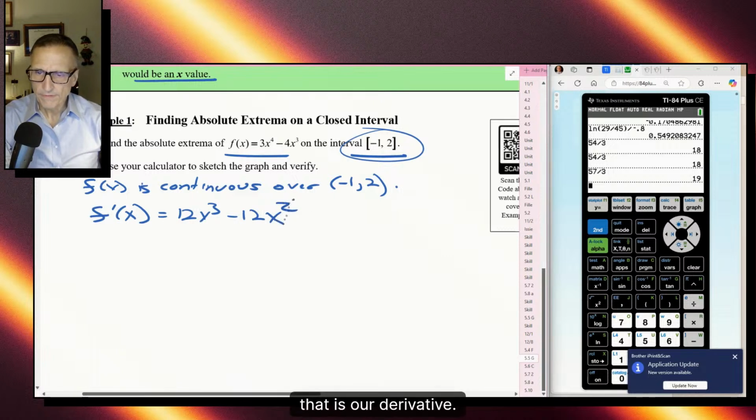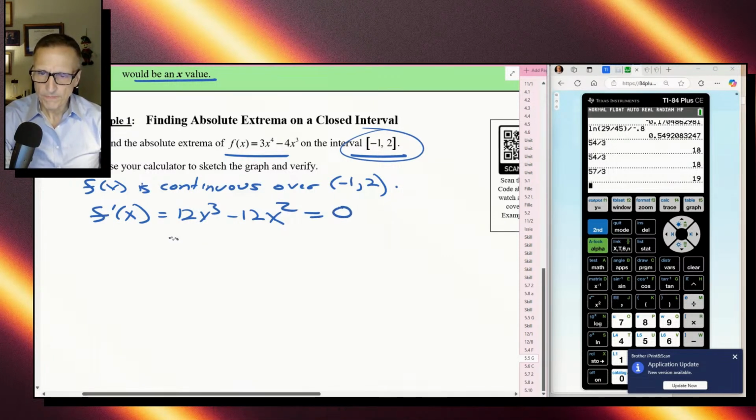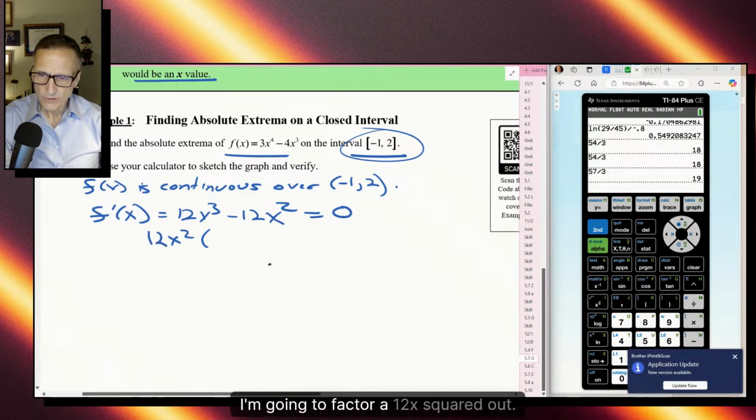That is our derivative. We will find the critical values by setting it equal to 0. I will factor x squared out. I'm going to factor a 12x squared out.